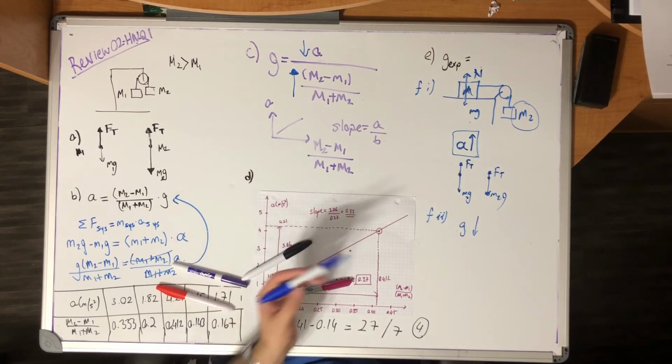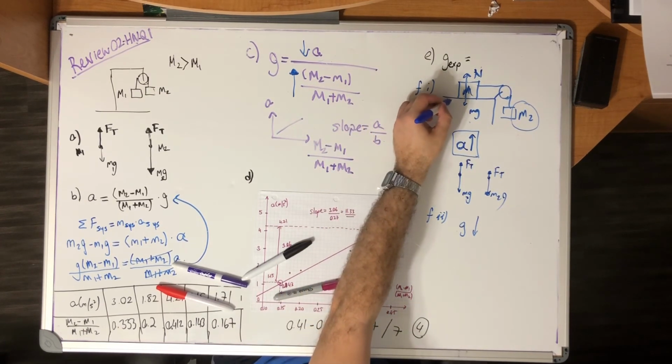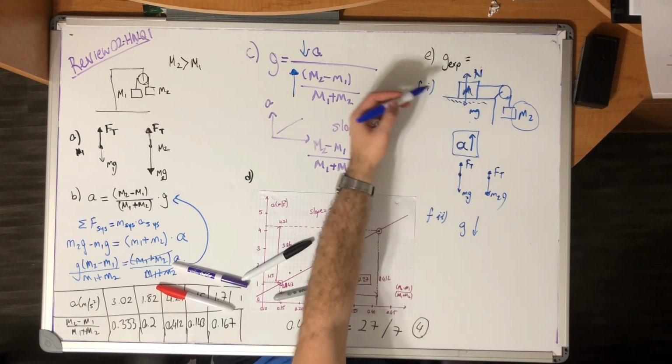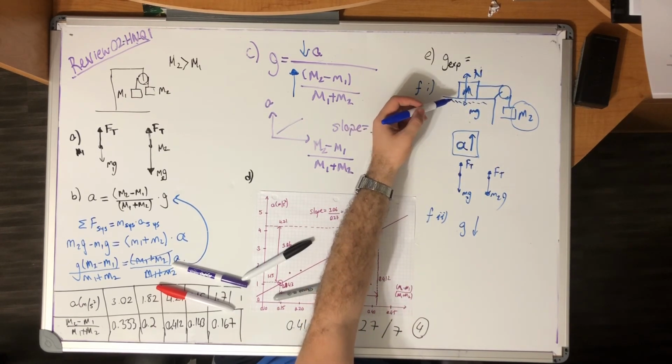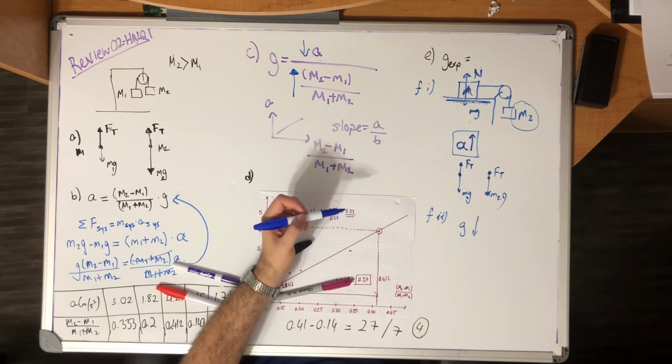And what are the forces in the system? M2G. But here, what do you also have? Normally, we assume that this surface is frictionless. But if you have a little bit of additional friction on the surface, what's going to happen?